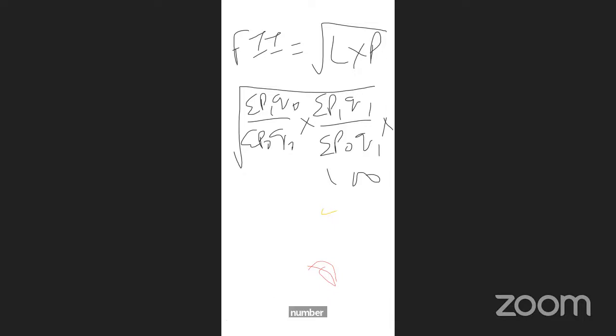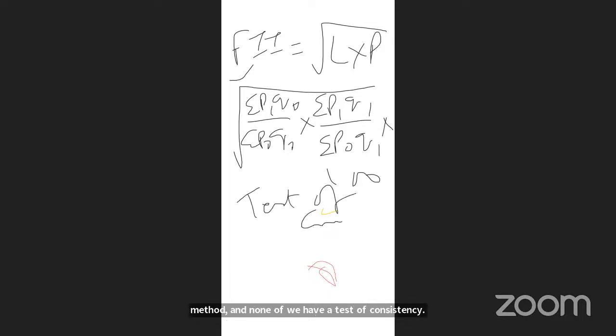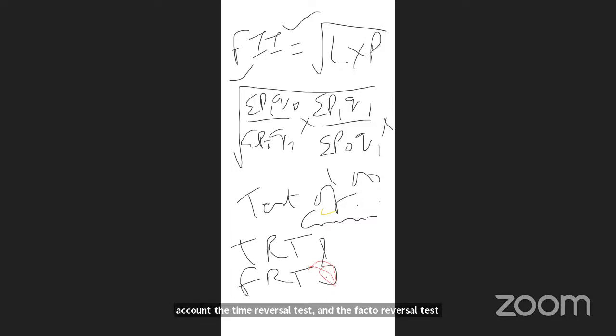In the examinations, mostly they'll give you this method. And we have a test of consistency also. The test of consistency, if you take into account, is the time reversal test and the factor reversal test. Both these two along with Fisher's index, they may ask you in the question.